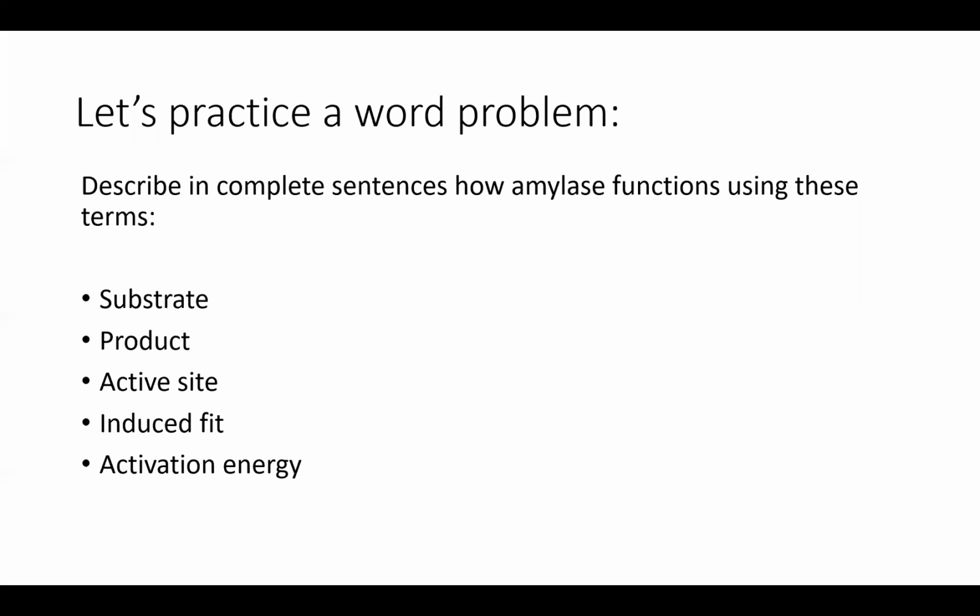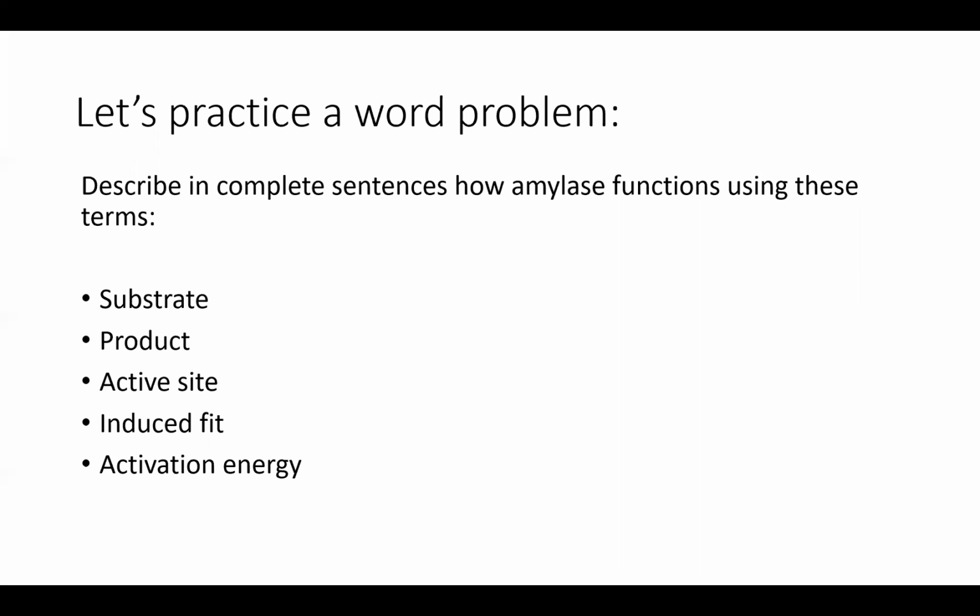The substrate is the molecule that the enzyme works upon. So the substrate is starch. The product is the molecule that the enzyme ends with that's being produced. That would be glucose.